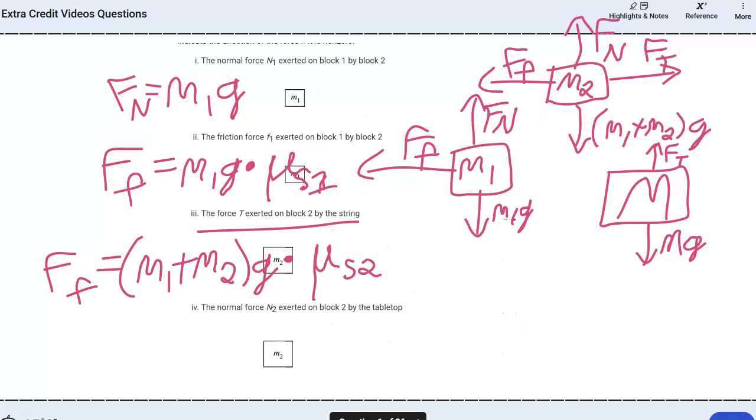So that's mu S2. And the normal force is going to be the same as the weight force.